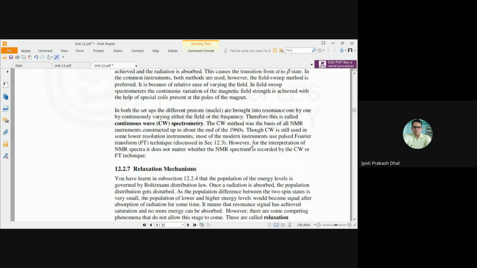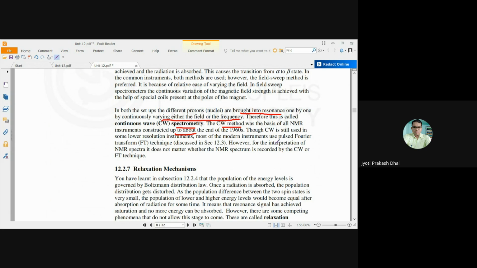In both setups, the protons are brought into resonance by continuously varying either the field or the frequency. Therefore, this is called continuous wave spectrometry. The CW method was the basis of all NMR instruments constructed up to about the end of 1960.